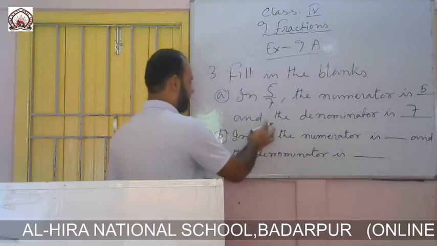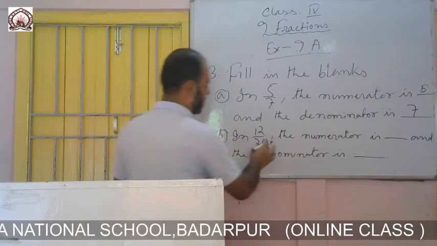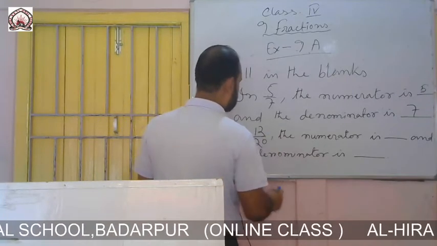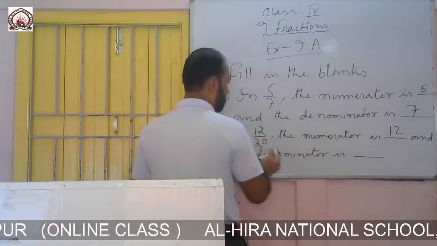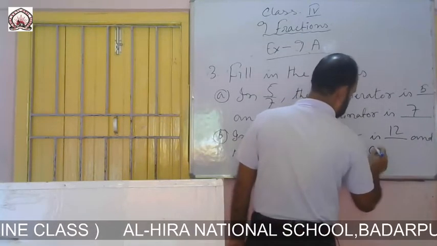So same, the upper one is the numerator and the lower one is the denominator. So the numerator is 13 and the denominator is 20.